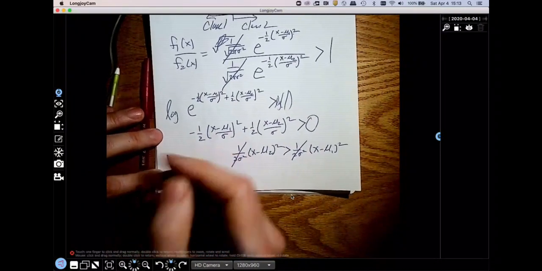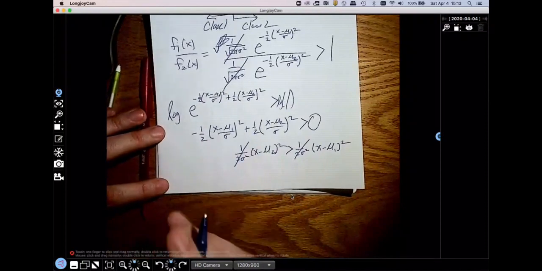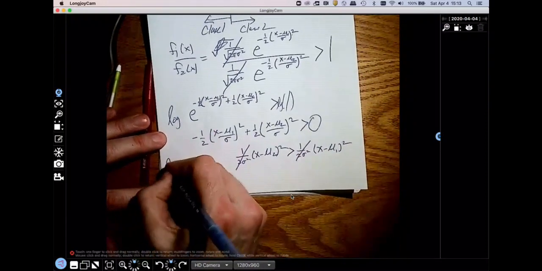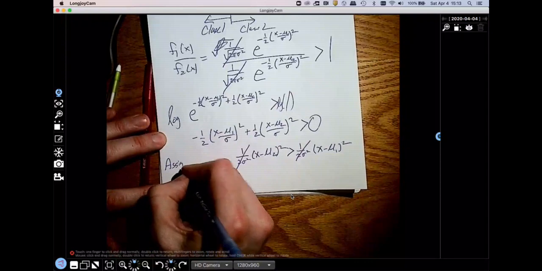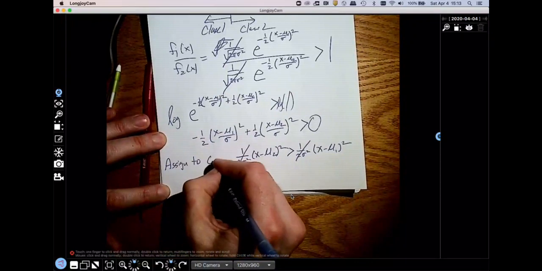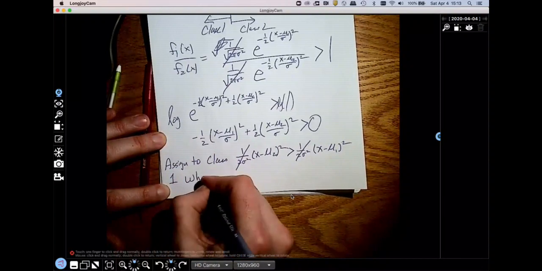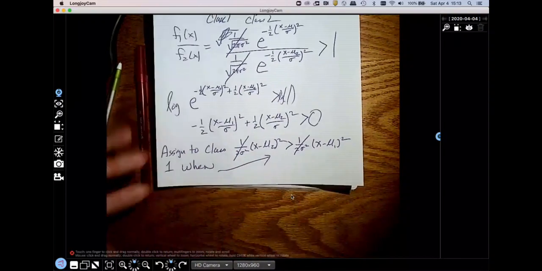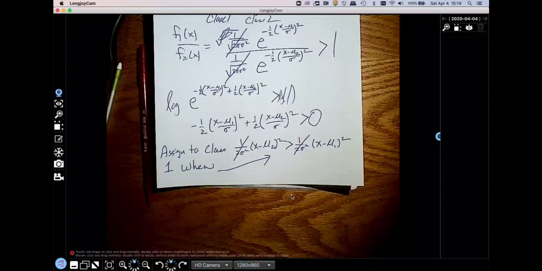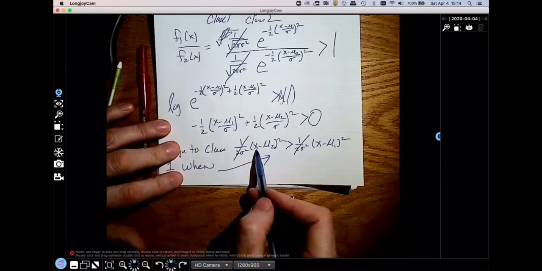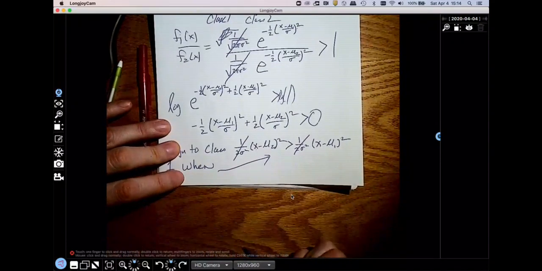So let me write out exactly what this is. Assign to class 1 when this is true. Well, what is this? What is x minus mu2?